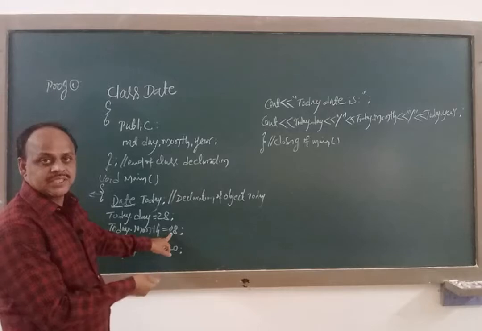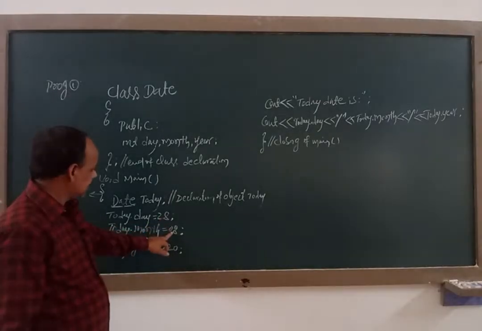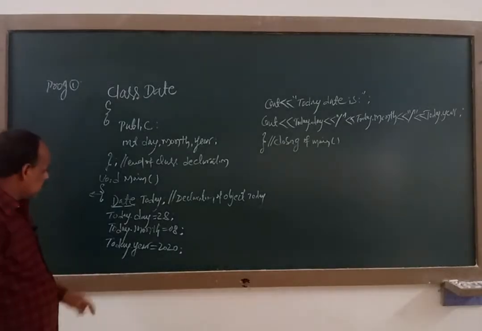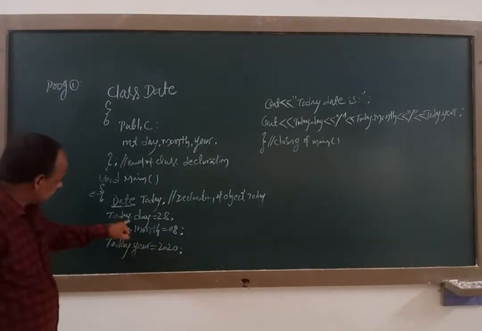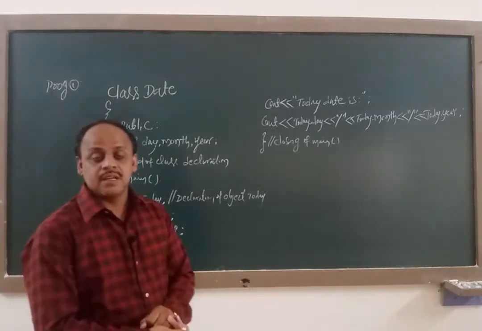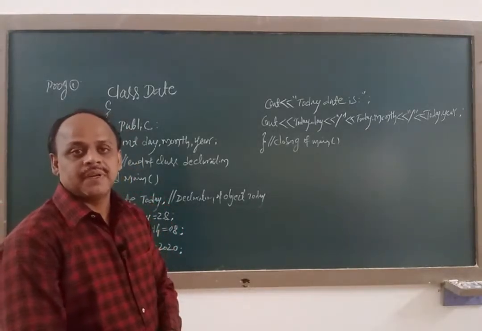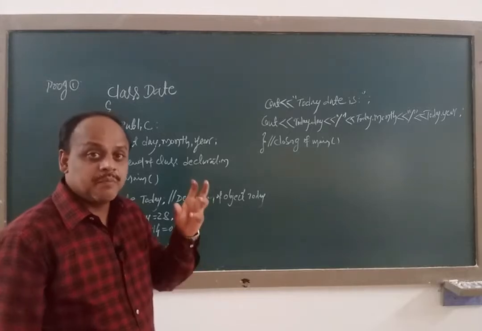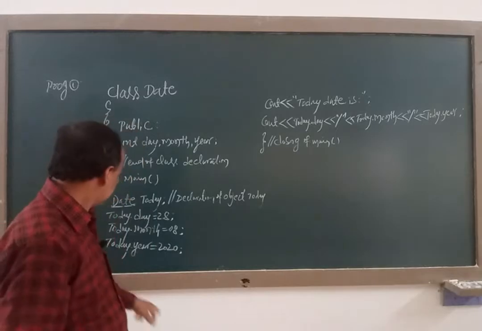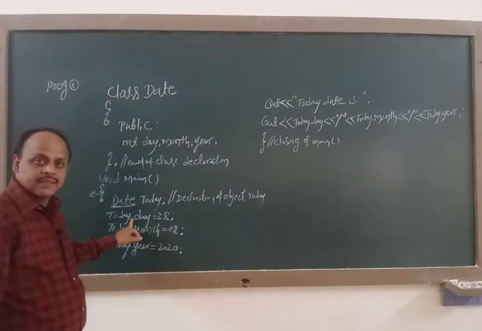I am entering today's date, 28/8/2020. Why do we use today dot here? In the last class we discussed how to access data members: data members are accessed with the help of the dot operator.